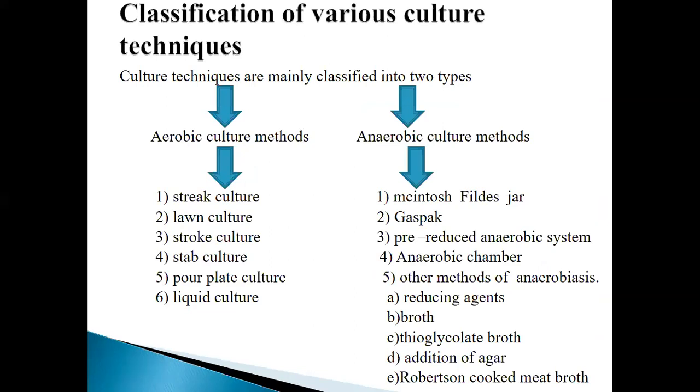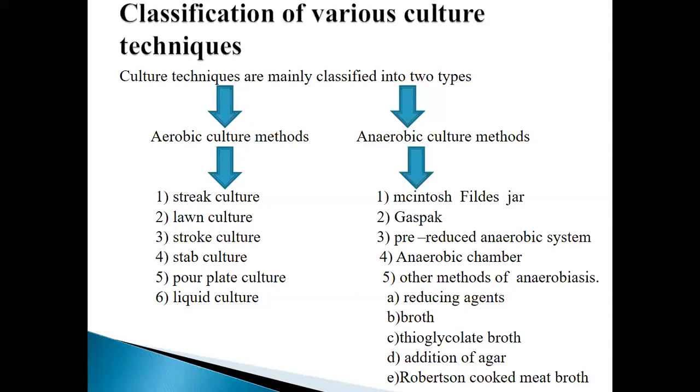We have various ways of aerobic and anaerobic cultures. Streak, lawn, stroke, stab: these are all aerobic culture methods. For anaerobic culture methods, I think everyone should be aware of McIntosh Fields jar, where we use a gas pack.